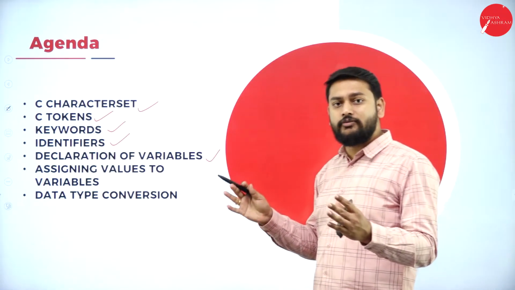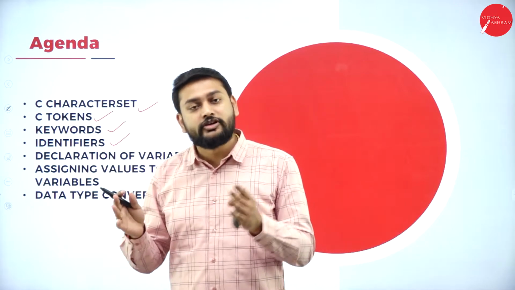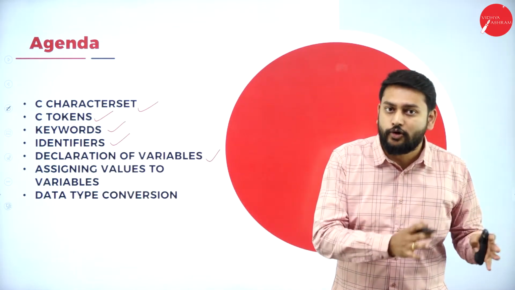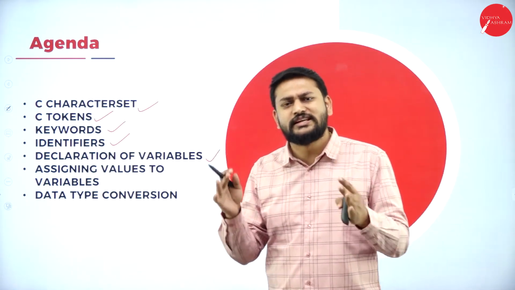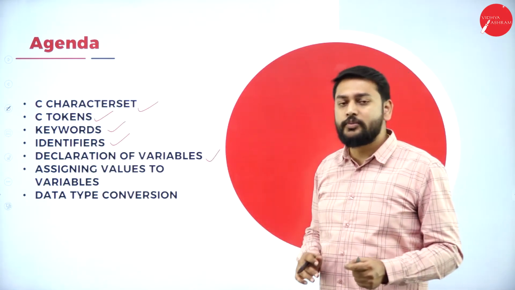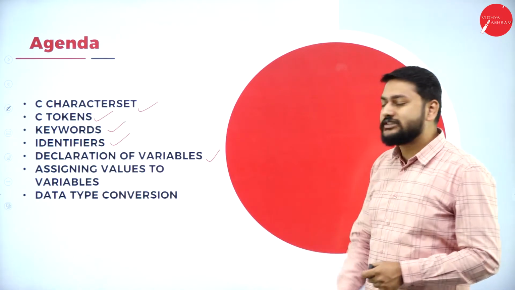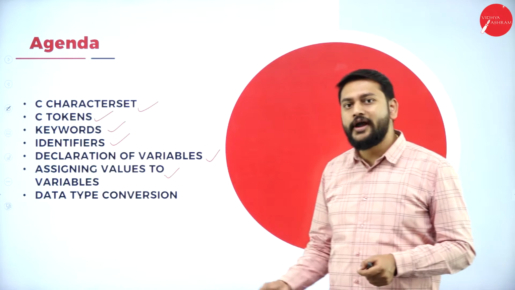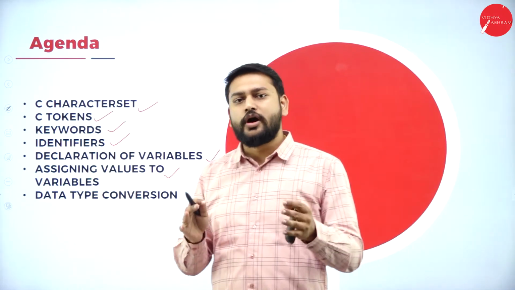What is a variable? We saw that in the previous session. How do I declare it? What is the syntax to declare any variable? And how do I assign a value to the variable?